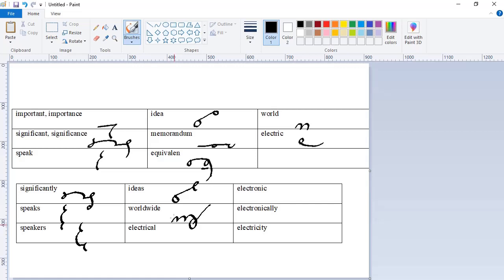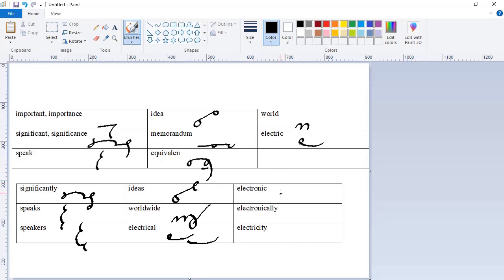Okay? Next, electrical. Electrical, we have elect, and then al. Electric, and then al. Electrical. Next, electronics.